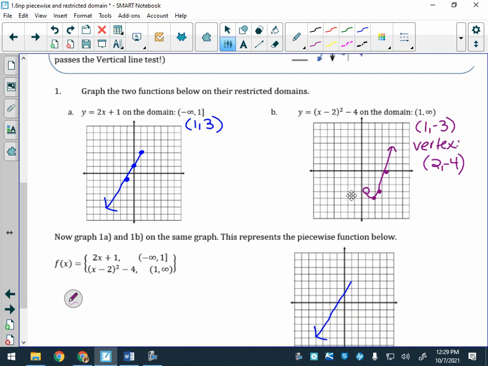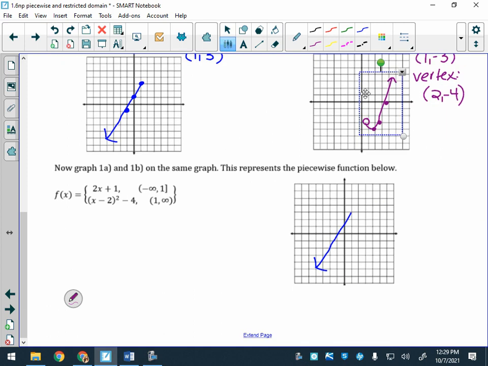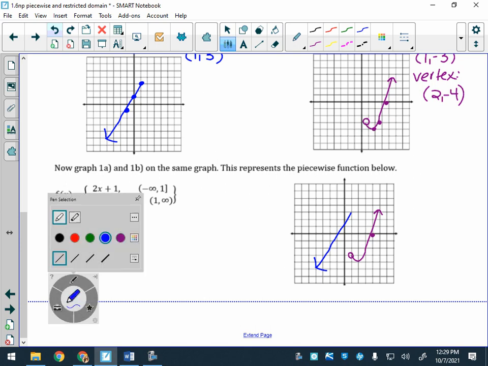Then you're taking this graph, and at (1, -3), I just have to update and graph it there. This is an open circle, and then you have the closed circle at (1, 3). This is your piecewise function.